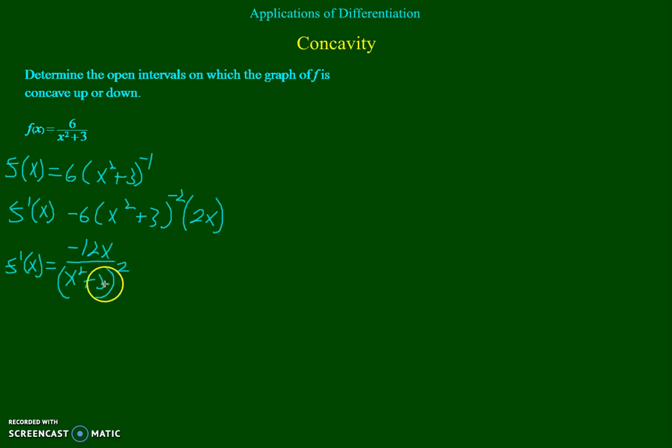So that's our first derivative. Now we don't really have a whole lot of choice. We're going to have to use the quotient rule to find the second derivative. So here we go.